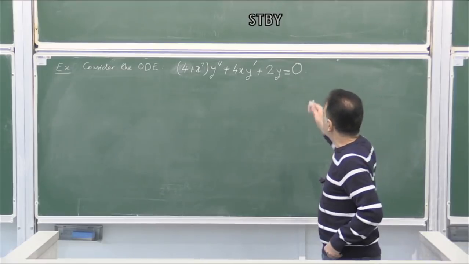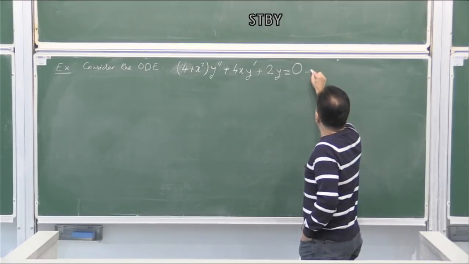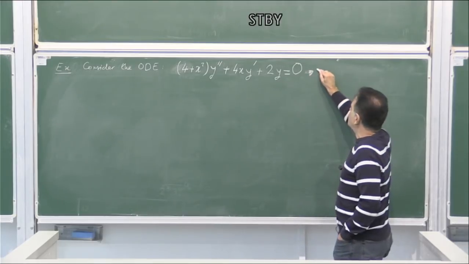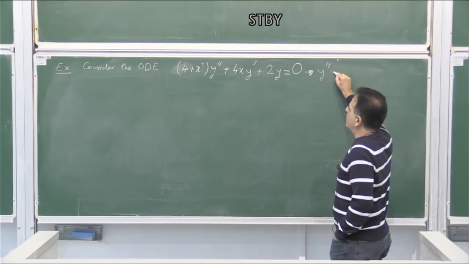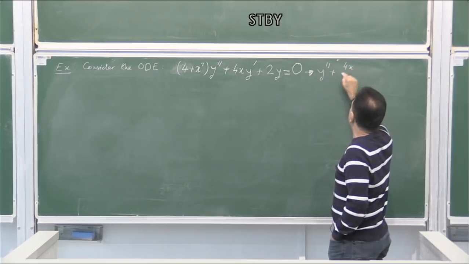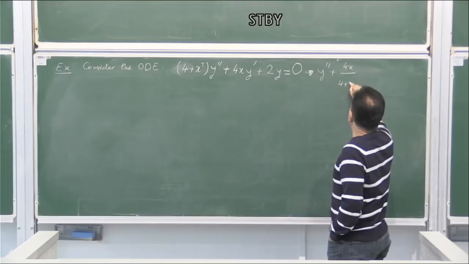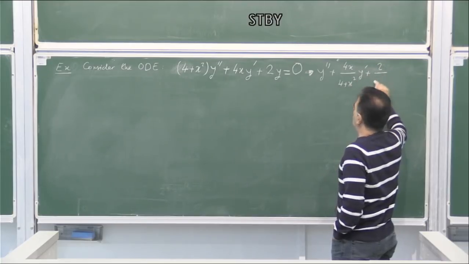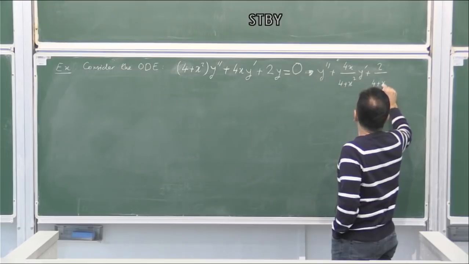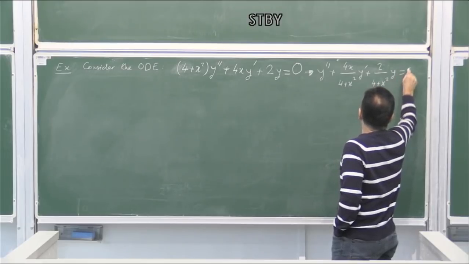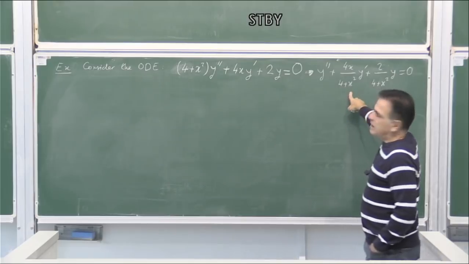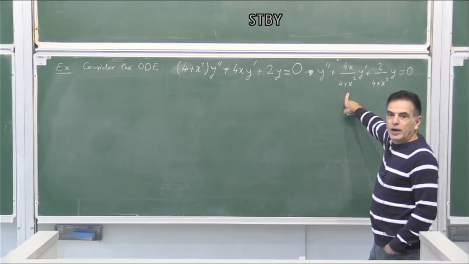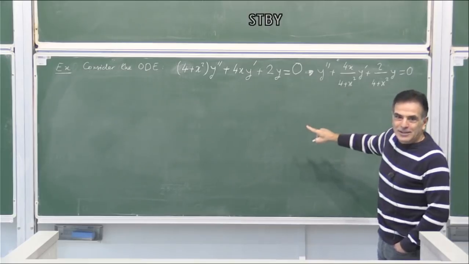When you write this equation in the reduced form, y double prime plus 4x over (4 plus x squared) y prime plus 2 over (4 plus x squared) y equal to 0, you will see that this equation has no real singular points.